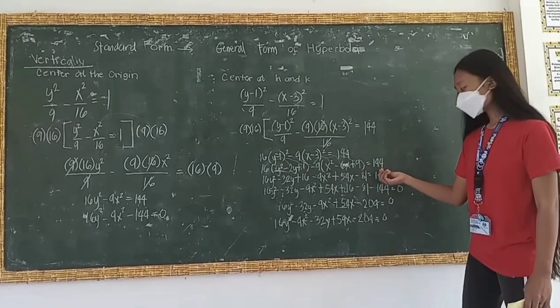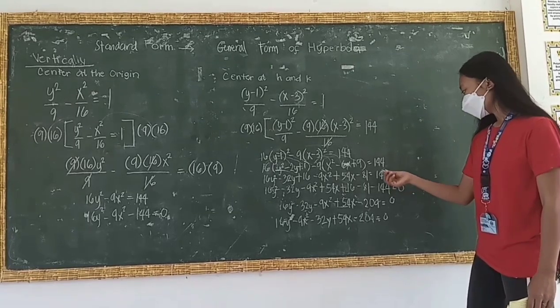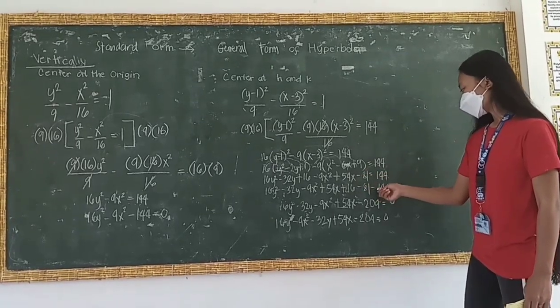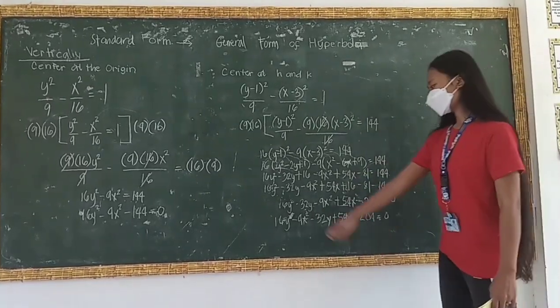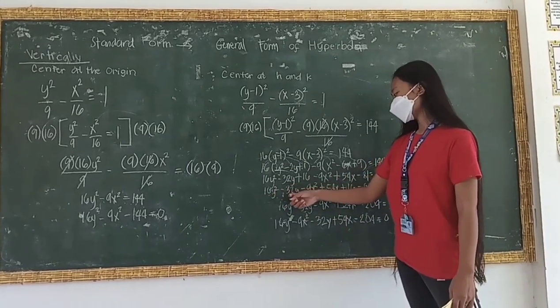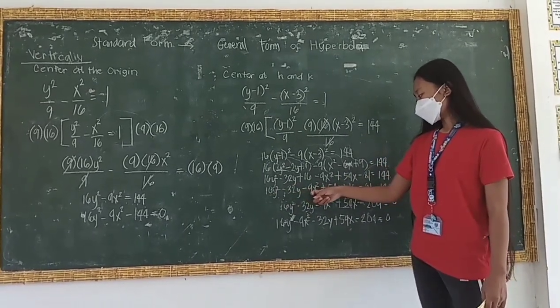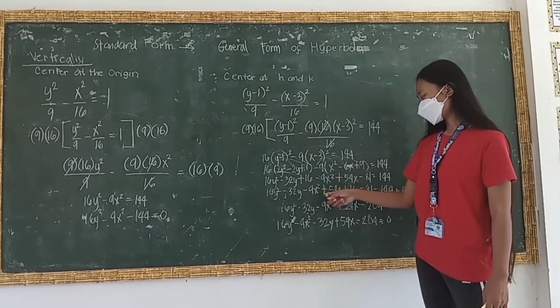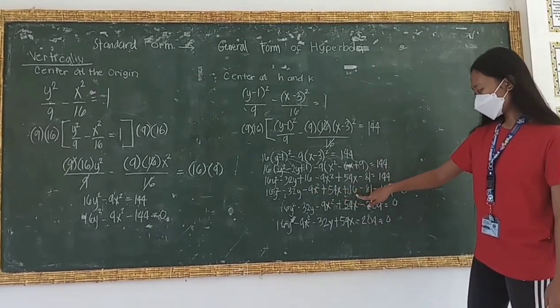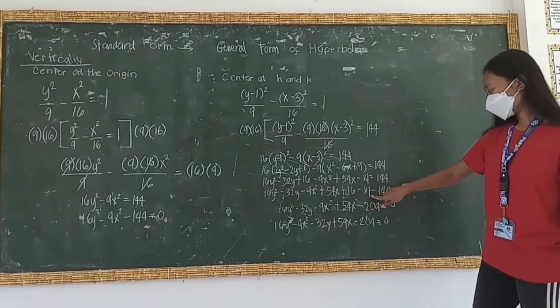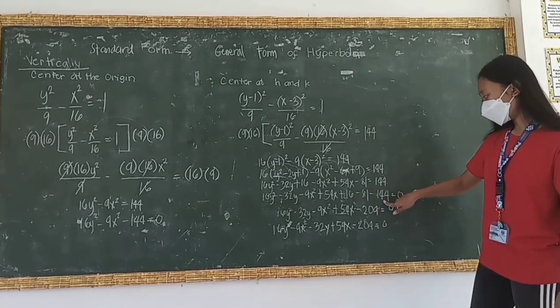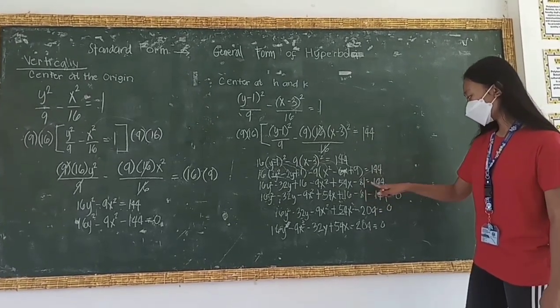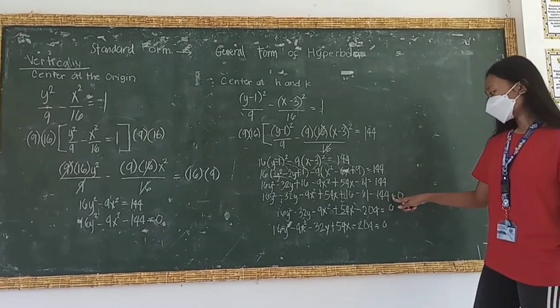And then we will combine the same variables, and we will transpose this 144 here, so it will become negative. So it will become 16y squared minus 32y minus 9x squared plus 54x plus 16 minus 81 minus 144, because you transpose it so it will become negative, is equal to 0.